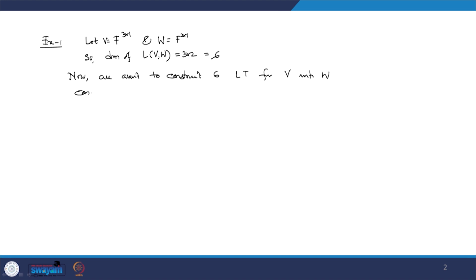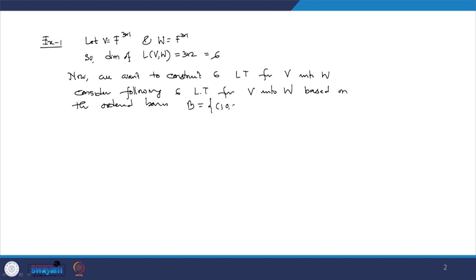So, consider the following 6 linear transformations from V into W based on the ordered bases. B is equal to, let me consider, (1 0 0) transpose, then (0 1 0) transpose, and (0 0 1) transpose.